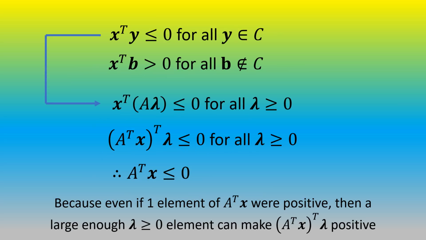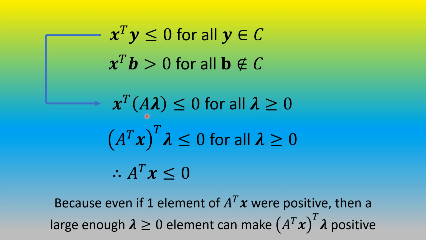All right, so now we can go a step further. If we take x transpose y as less than or equal to 0, for all y a member of the cone, then if we follow this line, we see that y must be equal to A lambda, where the components of lambda are greater than or equal to 0. And this must be less than or equal to 0, as we've figured out previously. So we can get rid of these parentheses algebraically.